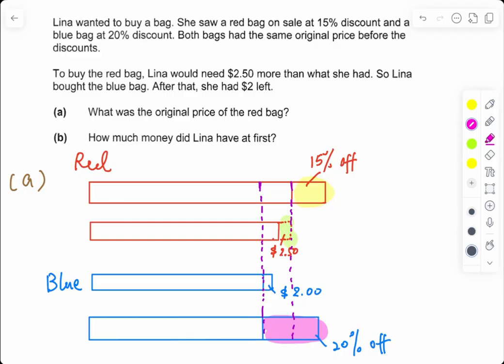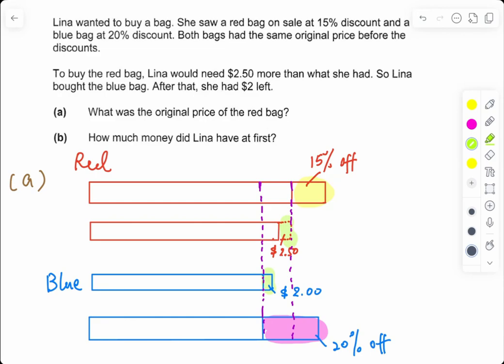And so Linda eventually bought the blue bag, and after buying the blue bag, she still had $2 left. See this part? This part means that Linda still had $2 left. So now next part, let's observe these four rectangles closely.